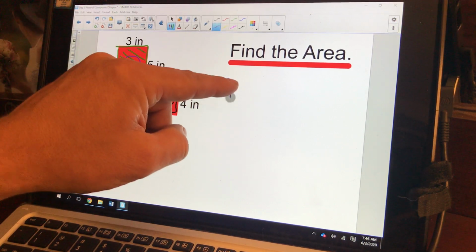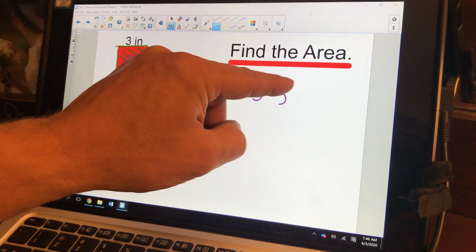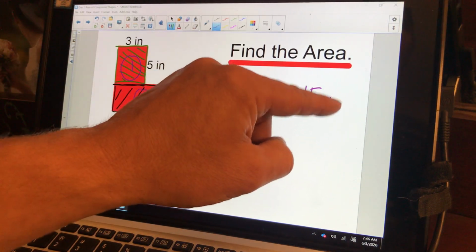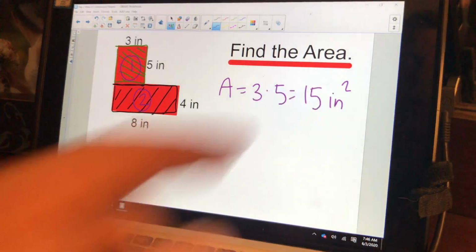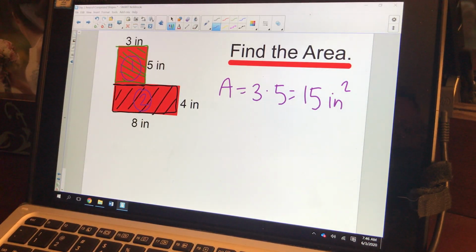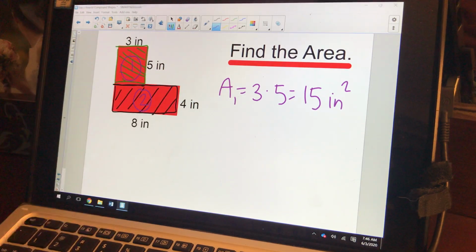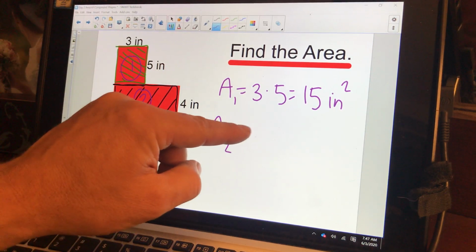So area is going to be 3 times 5, or the area for that top one is 15 inches squared. Guys, keep putting the squared on your label, please. I had people that didn't do that in the last one. I wrote to you and said, please make sure you're writing your answers in squared units because this is area.